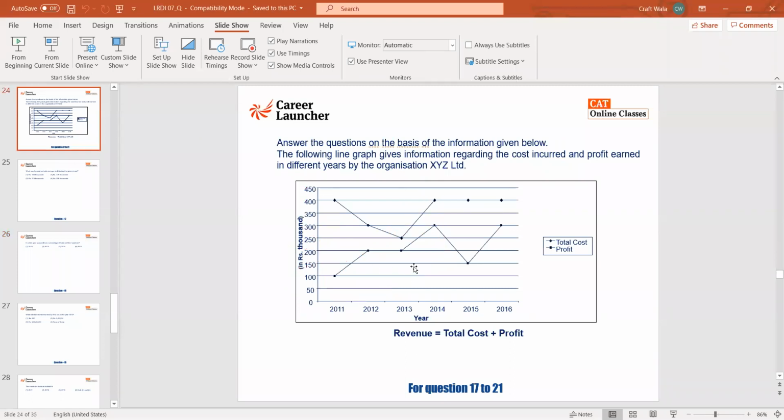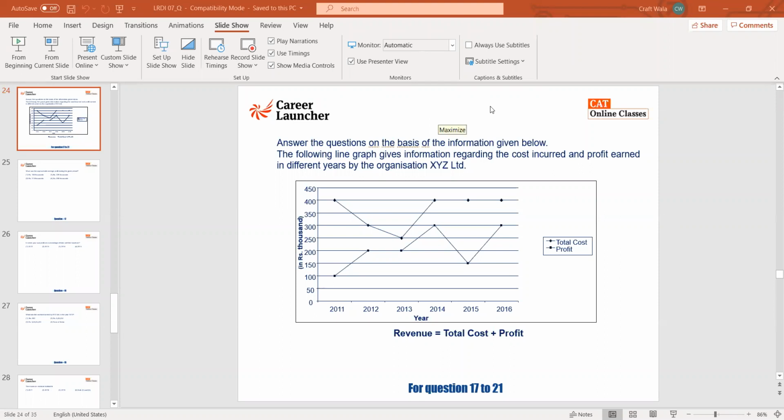So profit should be high here and cost should be low. I can see that in 2013 this is happening. Profit is quite high. Will it be 2013 or 2014? Can you guys tell me? 2013, right?